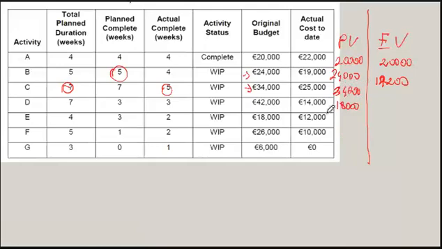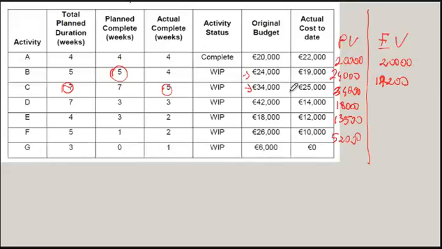Yeah, sorry. And here is 3 out of 7 out of 42, so 18,000. 3 out of 4 out of 18, so 13,500 rather. And finally, a fifth of 26, so 5,200.